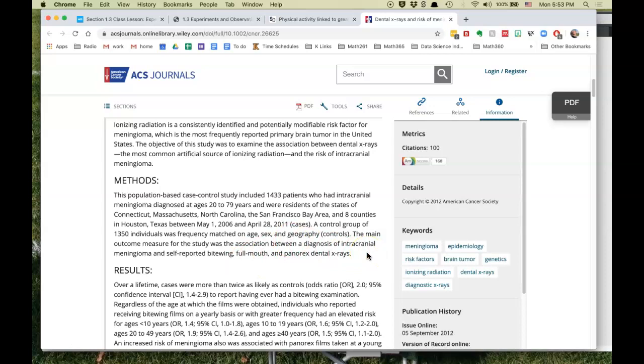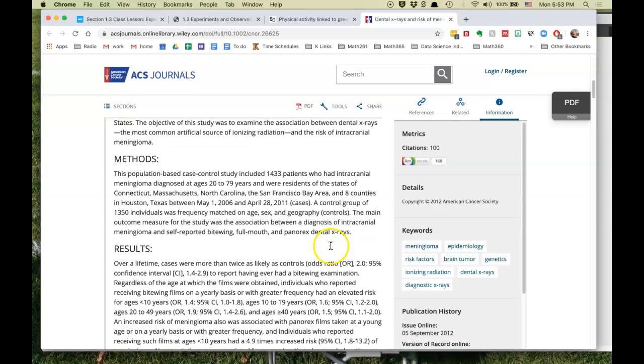So the problem with a study like this is it's relying on people's memory of what was done. And so when you have a brain tumor, perhaps there would be the tendency to overestimate how often you had x-rays if you thought there might be a link between those x-rays, or if you were being asked about something like that.